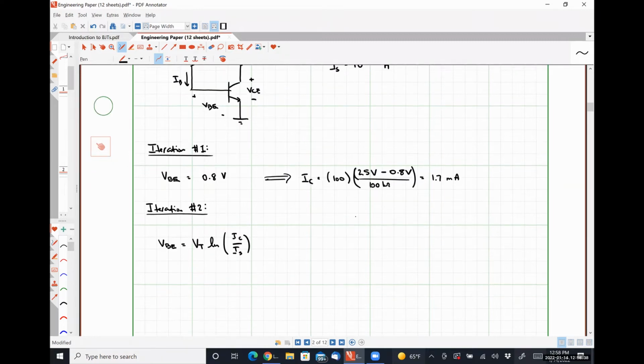So if we plug in our numbers here, we'd find that we have 26 millivolts times the natural log of 1.7 milliamps divided by 10 to the negative 17 amps would give us 851.937 millivolts.